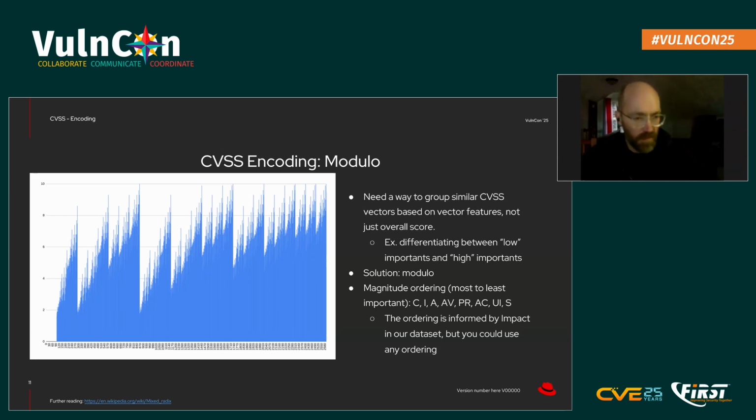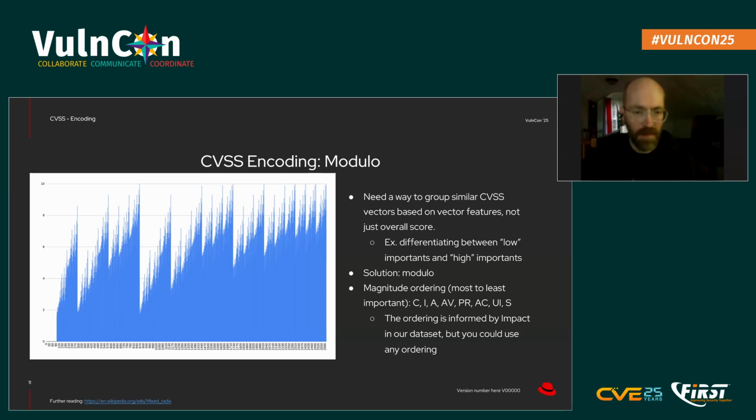Our motivation for doing this is basically a technique called mixed radix counting, where we count through each of the elements in a CVSS vector as though they were bases in a number system. There's a link there on the slide to the Wikipedia page about mixed radix math if you want to know more about it. But basically, you can see the ordering on the slide here that we chose, which is in order of what was most relevant to impact for us.